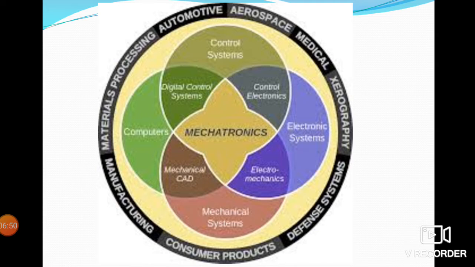In the field of engines, you are going to have digitally controlled combustion engines, navigated vehicles. And in the production line, you are going to have an automated production line, etc. So these could be the various examples. Even in the design of cars, machine tools, washing machines, cameras, medical equipment, flexible manufacturing systems, air conditioners, integrated manufacturing systems, in all these things there is an interdisciplinary approach to engineering design. That is what we call mechatronics.